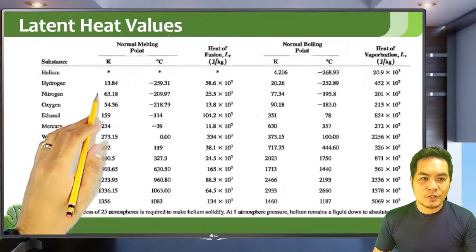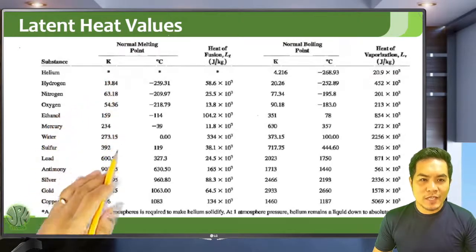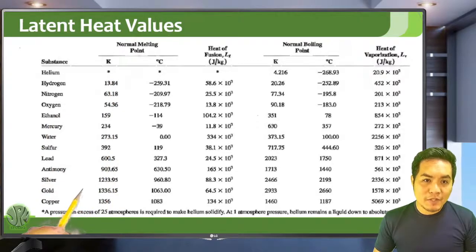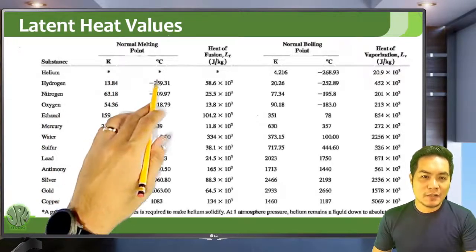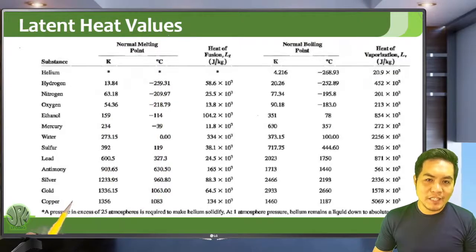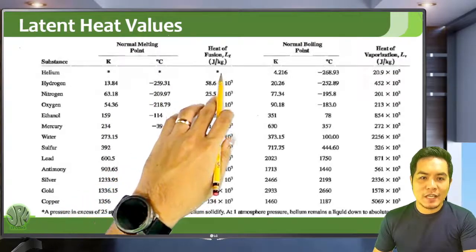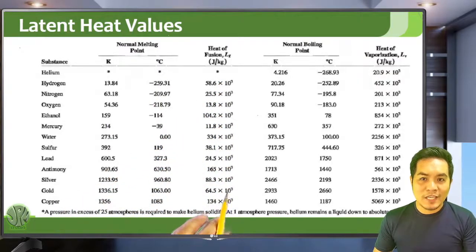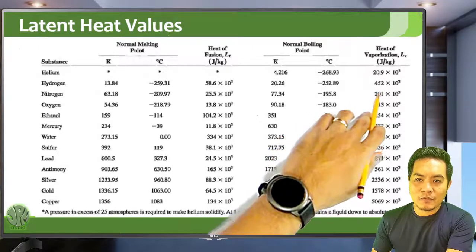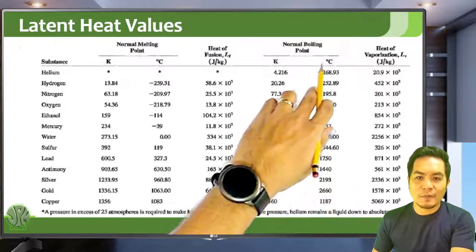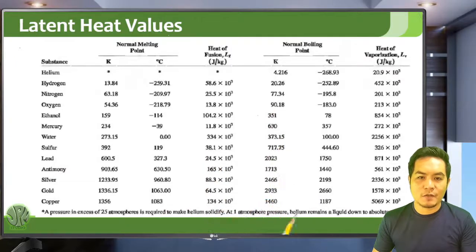So the first column is the melting point of the material in Kelvin, and the second column is the melting point of the material in degrees Celsius. And these are the latent heat of fusion values, and these are the latent heat of vaporization values. So these are the boiling point temperatures here, these columns here.